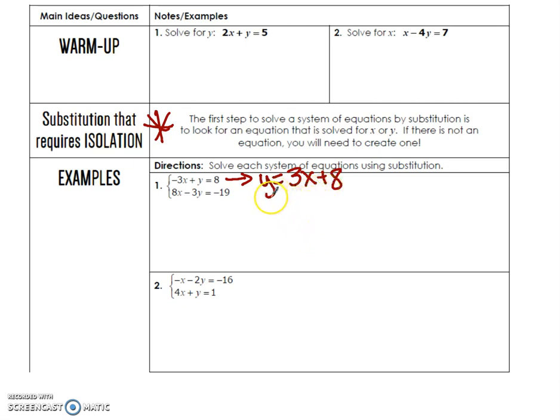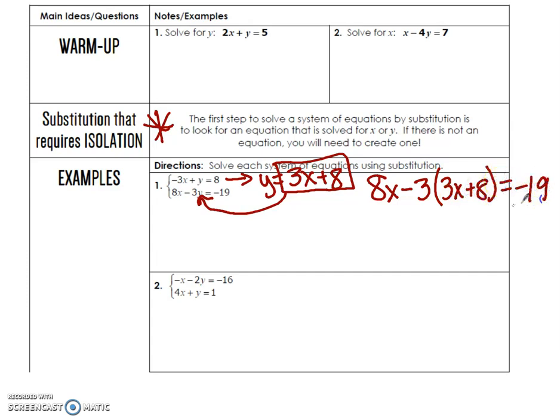So you isolate the variable first. Okay, now we can plug all of this in just like we did before for y. Okay, so we get 8x minus 3 times (3x plus 8) equals -19.